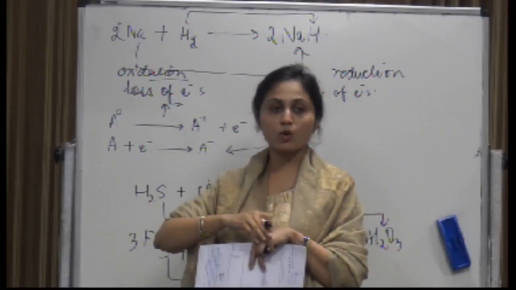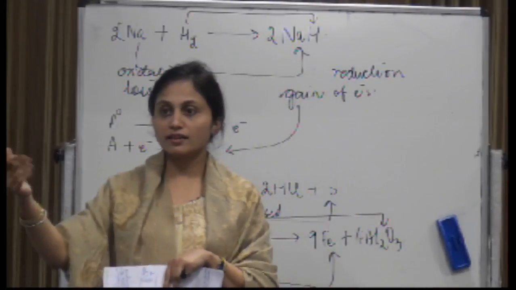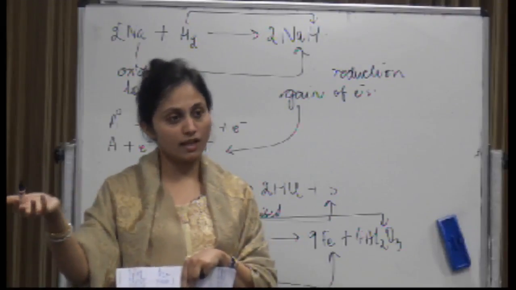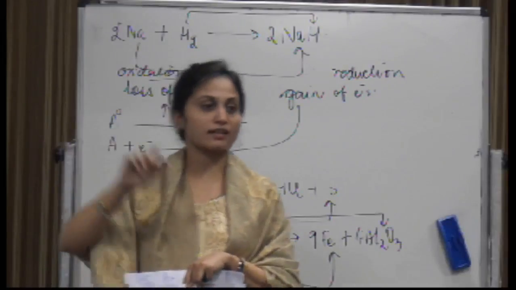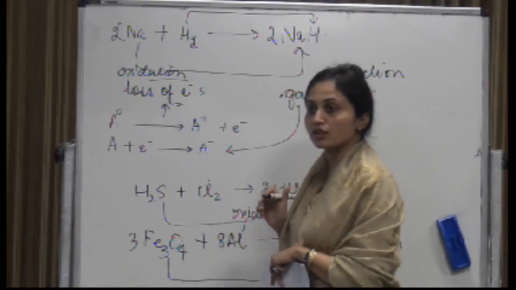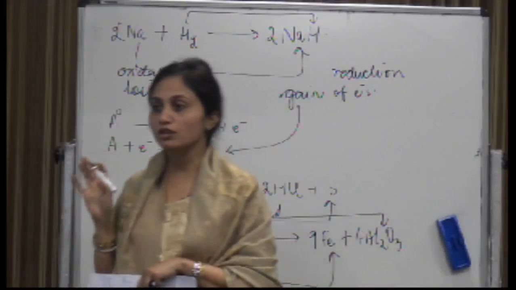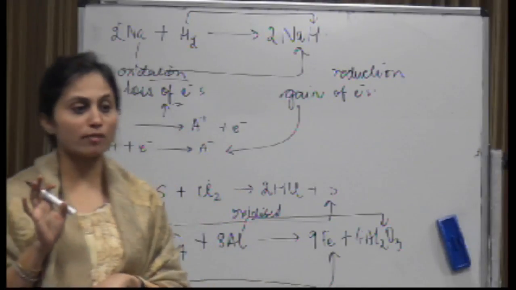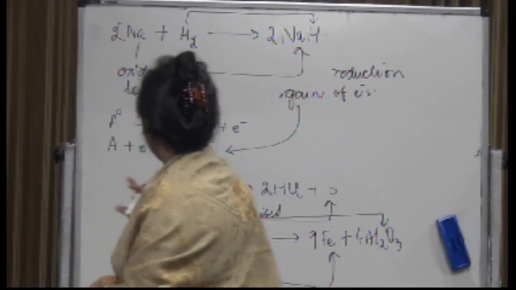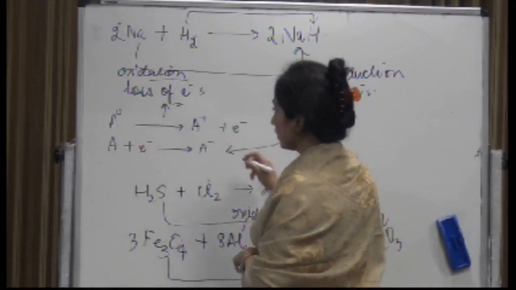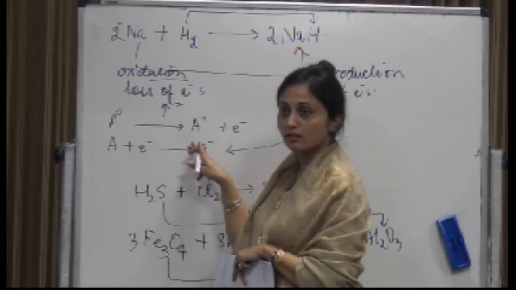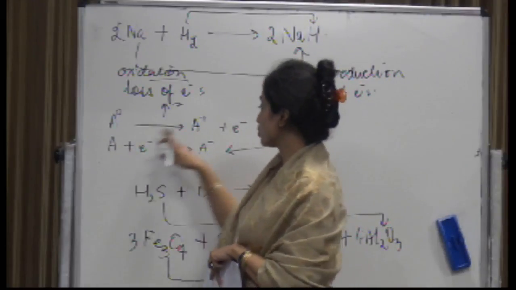So whenever your oxidation number increases, it is also oxidation, and whenever the oxidation number decreases, it is reduction. Add another point. Increase of oxidation number means oxidation, decrease in oxidation number means reduction. So here it is going from 0 to +1, and here it is going from 0 to -1.